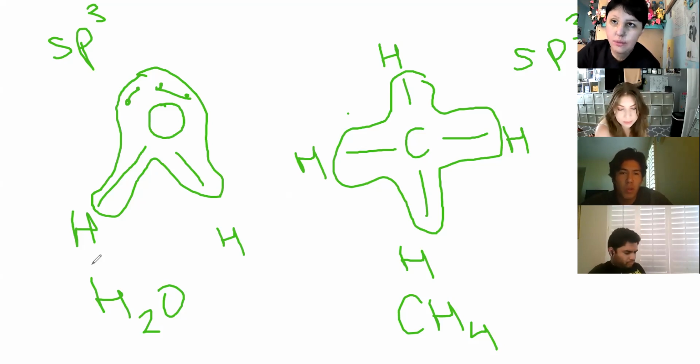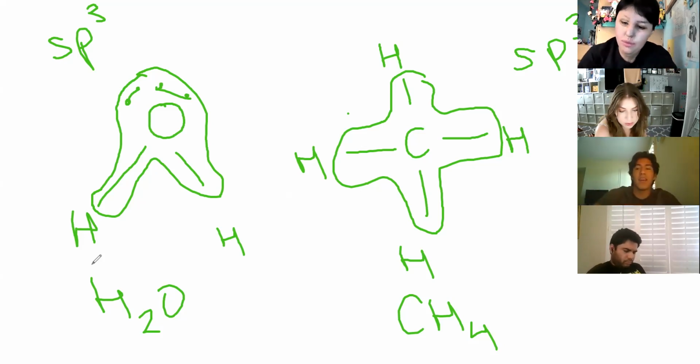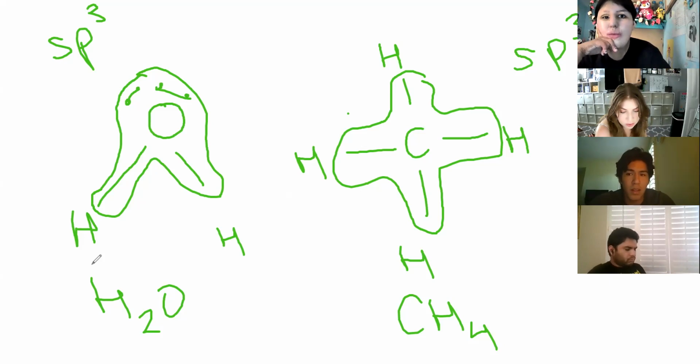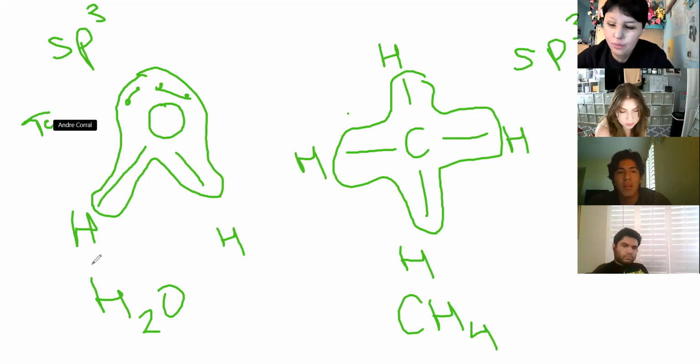One of these is truly tetrahedral. One of these might seem tetrahedral, but doesn't really behave in the end like a tetrahedral. That's what I mean by electronic is a little bit more vague. Molecular is much more detailed, right? So this is what I mean. In electronic, they're both tetrahedral because they both have 4 things around it.